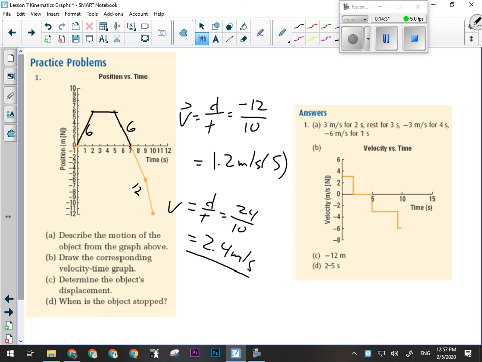And here, we were going 3 meters per second for 2 seconds. And then we were stopped. And then we went in a backwards direction, for quite a while, actually. This whole thing here is the same velocity all the way back. And then this short period of time where we went even faster in a backwards direction.